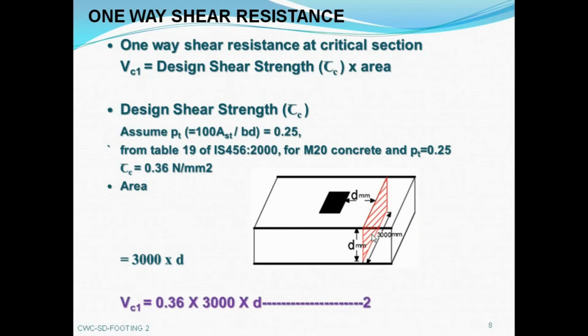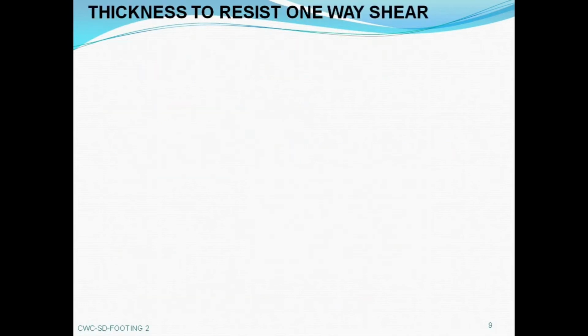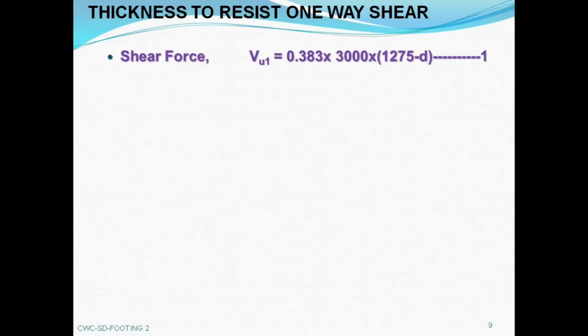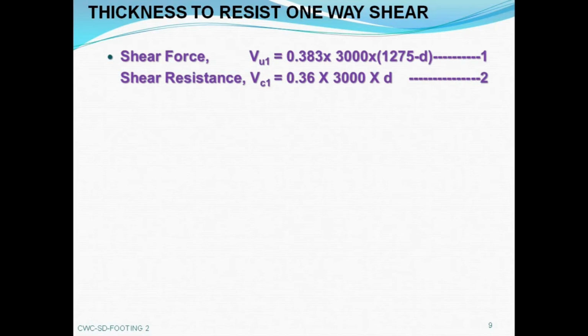So we got the equation VC1 is equal to 0.36 into 3000 into D. Mark this equation as 2. Now we have the equation for shear resistance as well as shear force.